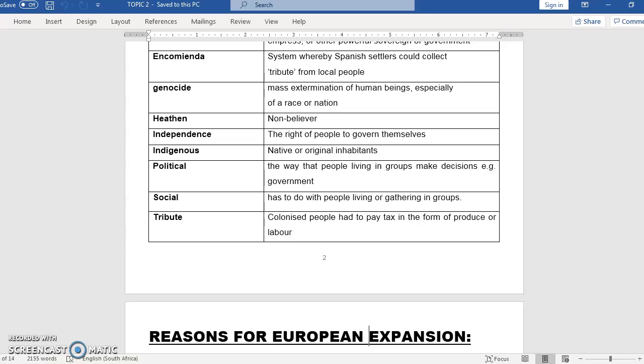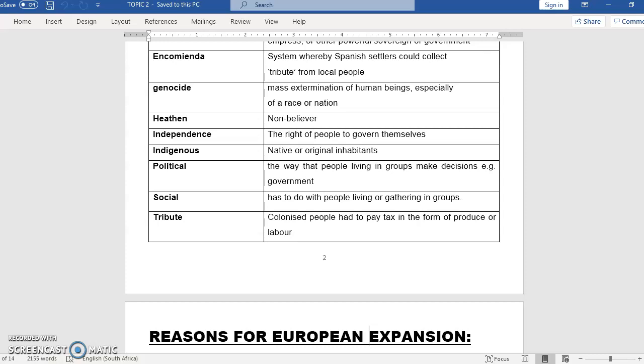Then you've got the word social. It has to do with people living or gathering in groups. How did European expansion have a social impact? How did it have an impact on the people that were living in the area? So economic, political, and social are very important to know. Economic has to do with money. Political's got to do with government. Social's got to do with people.